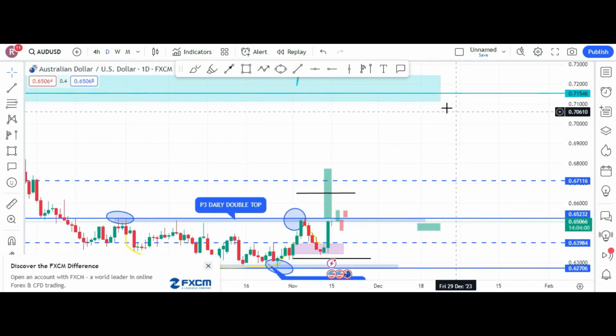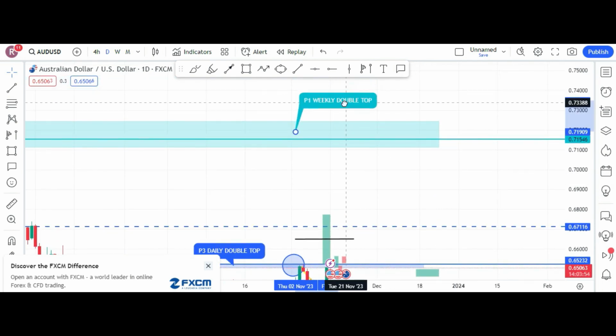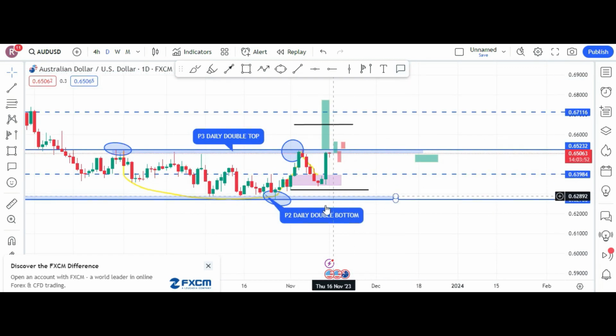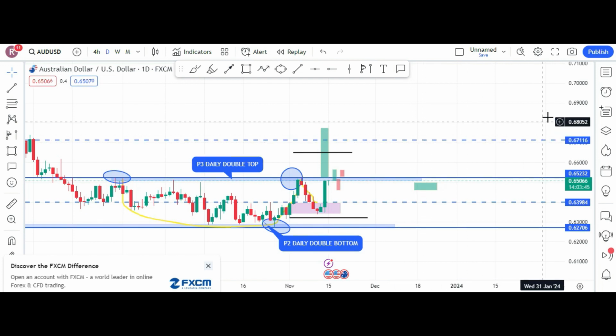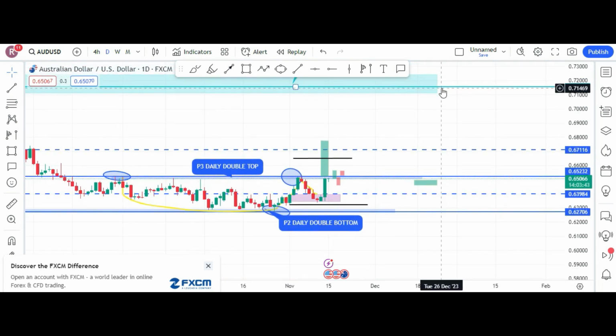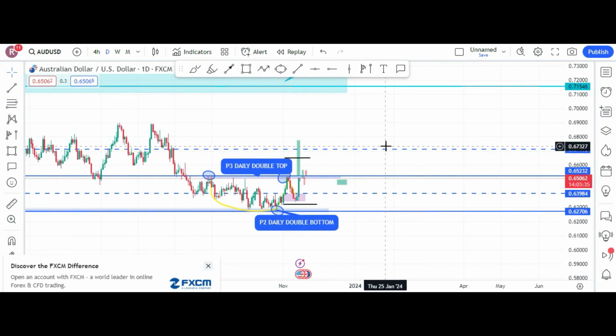It means this is the top of the weekly, the pattern 1, weekly double top, and this was the pattern 2, daily double bottom, and this line is half of this full range. This was our full range. This was the channel for the last 3 months, but the price came down from here, so we have to keep this under consideration.